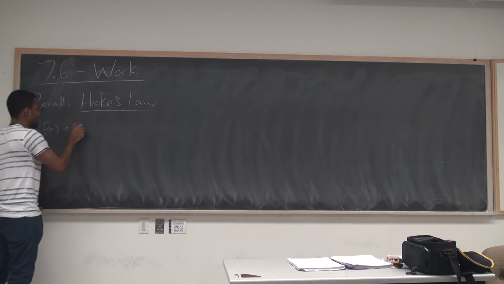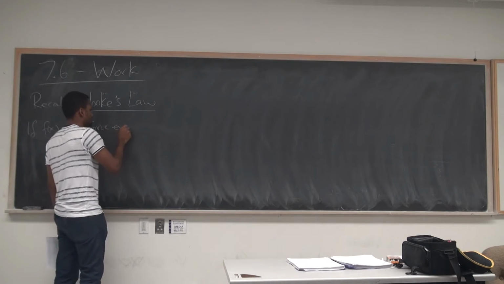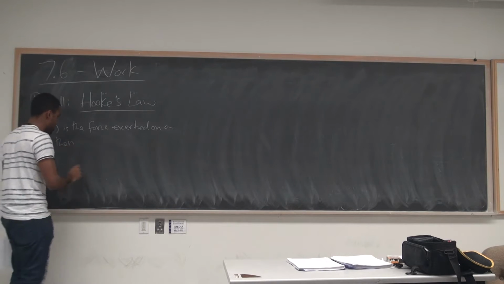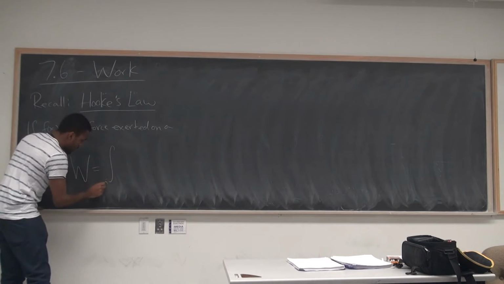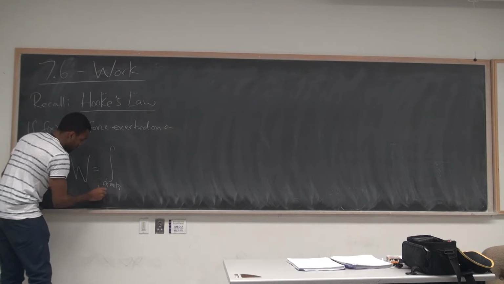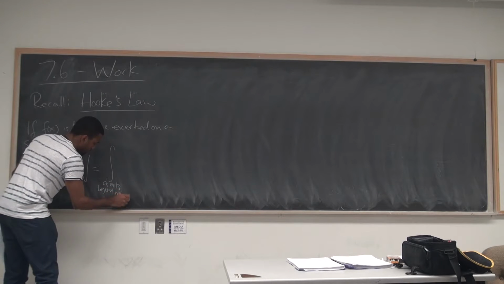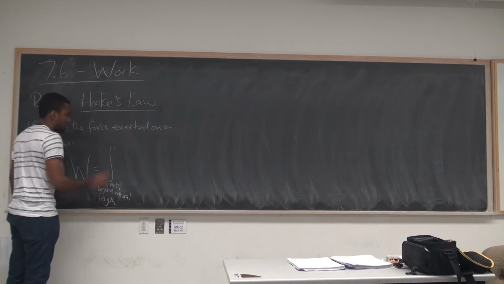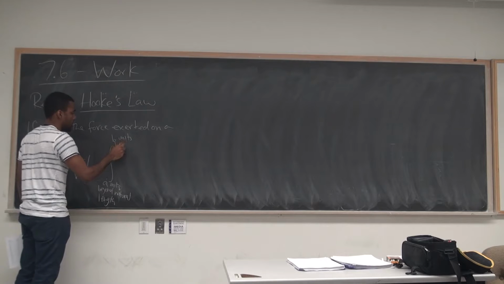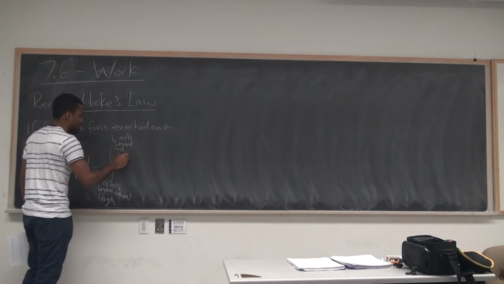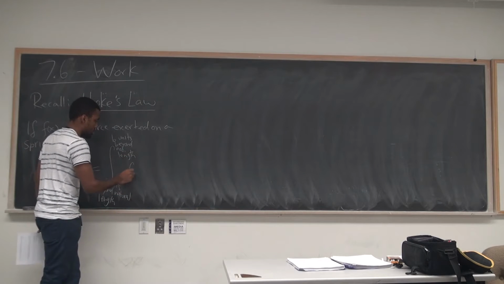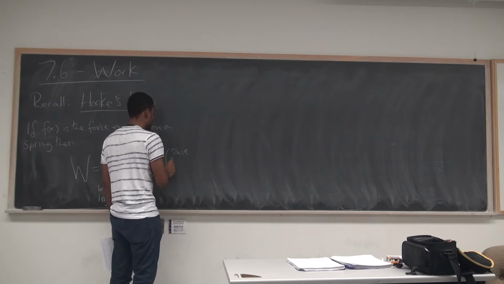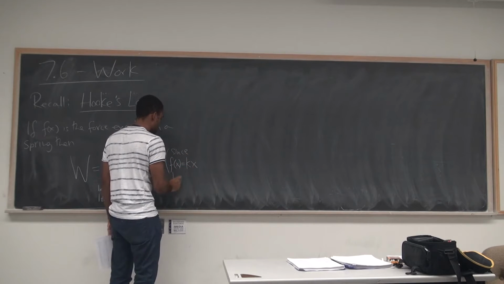If f of x is the force, this is a paraphrasing, then the work to move the spring from a units beyond natural length, and it's very important that the number that you put down here is the difference between the starting point and the natural length, to b units beyond the natural length, is given by the integral of kx dx, since f equals kx by Hooke's law.